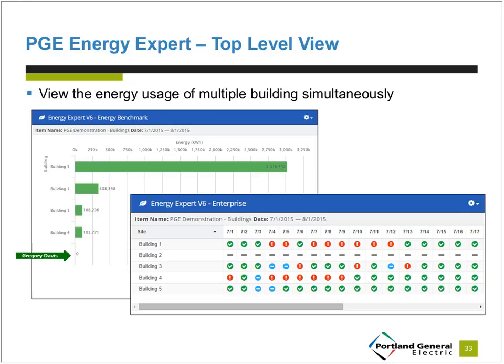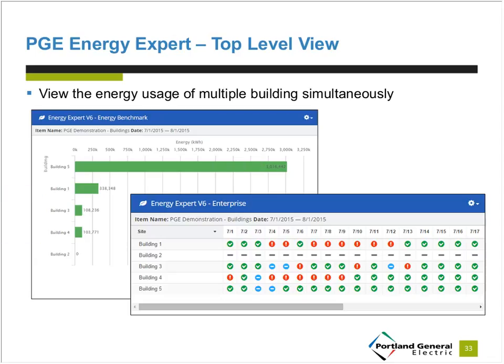We can see Building 2 has no usage, so that building is shut down. But we can see for the month of July last year, we used approximately 3 million kilowatt hours of energy in Building 5. And you can see how it compares to Building 1, Building 3, and Building 4.